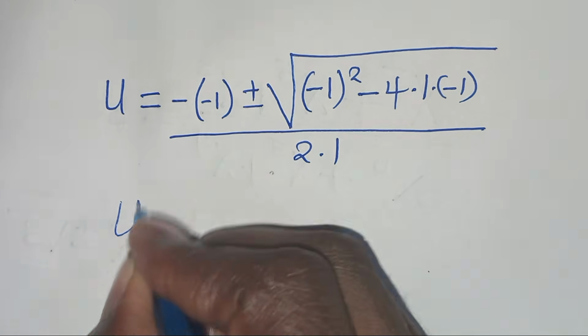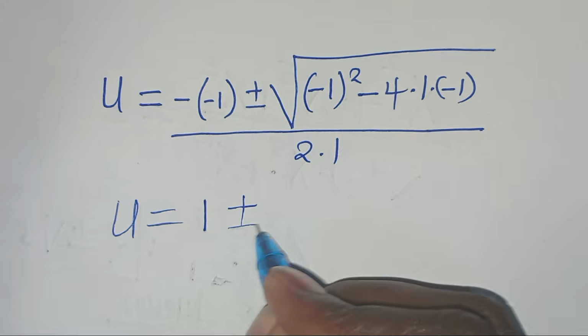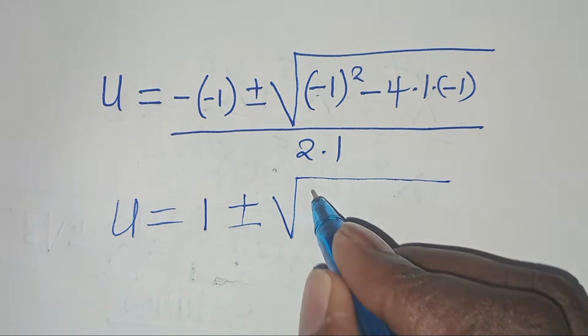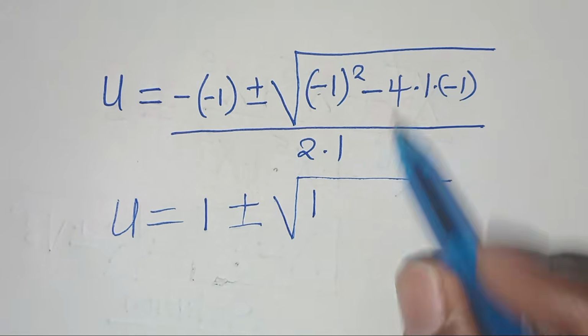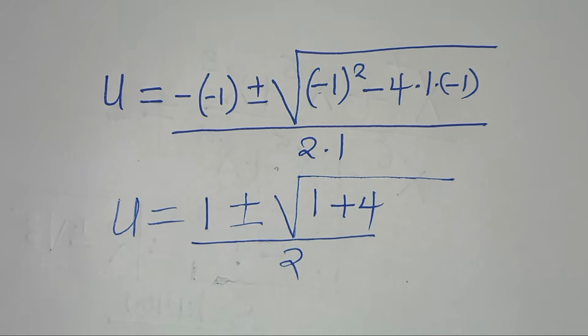So we have u equal to negative times negative 1, this is 1, plus or minus the square root of negative 1 squared, this is 1, then negative 4 times negative 1, this is plus 4, divided by 2.